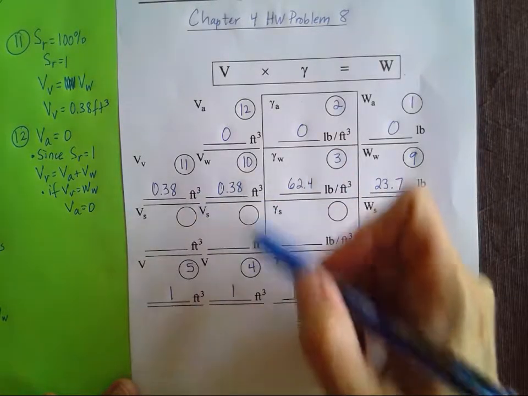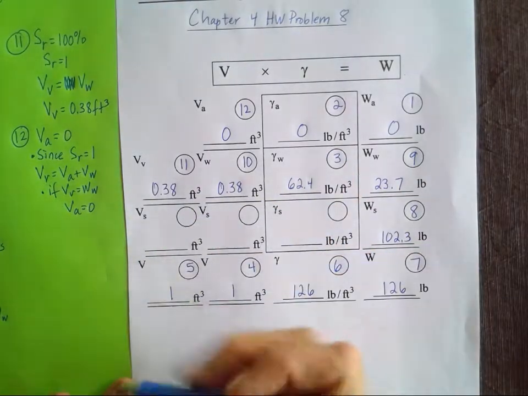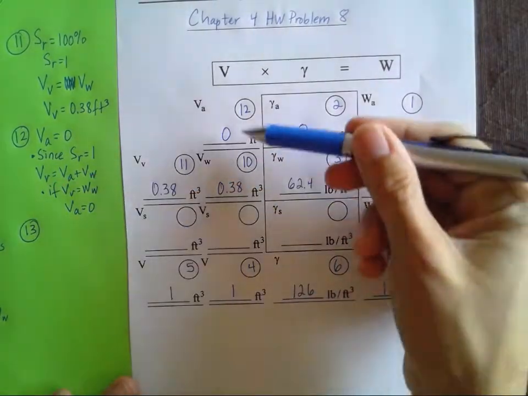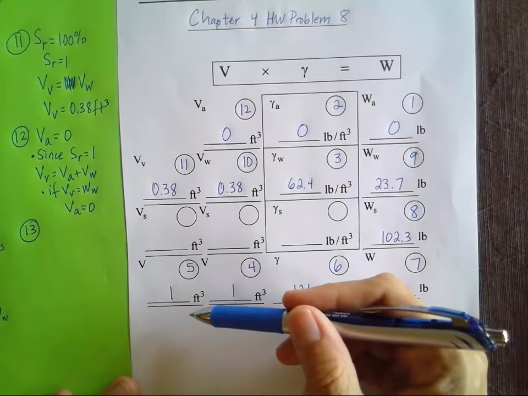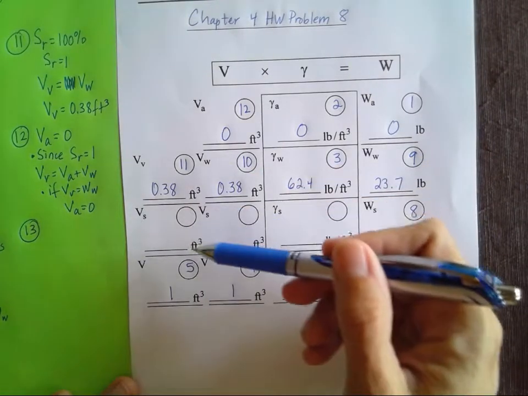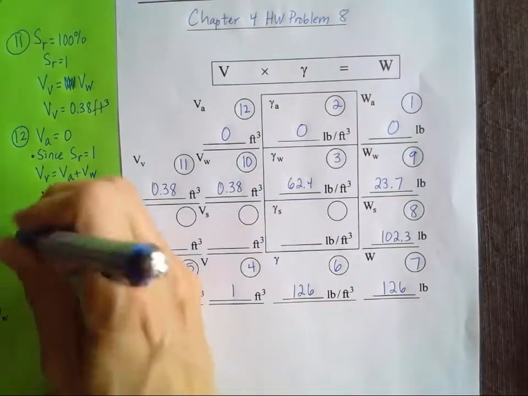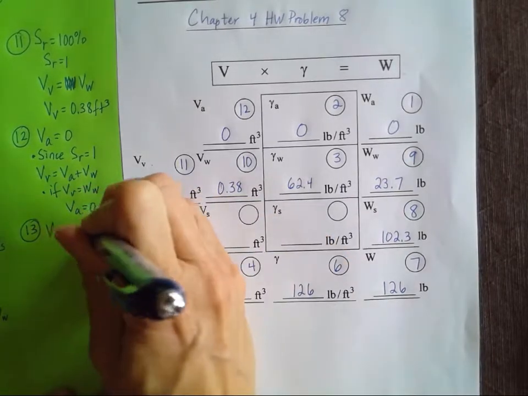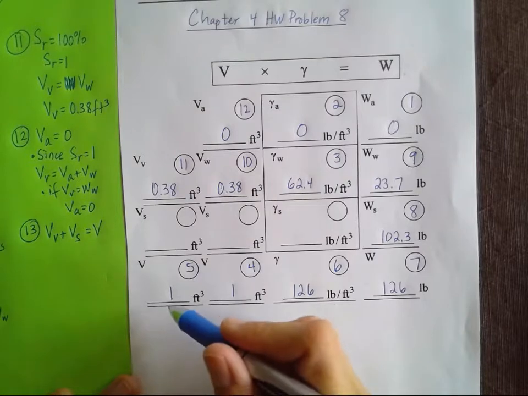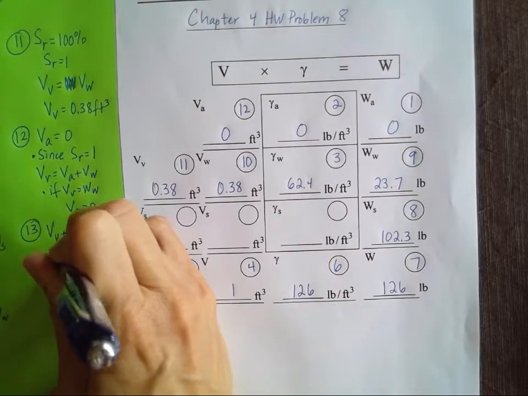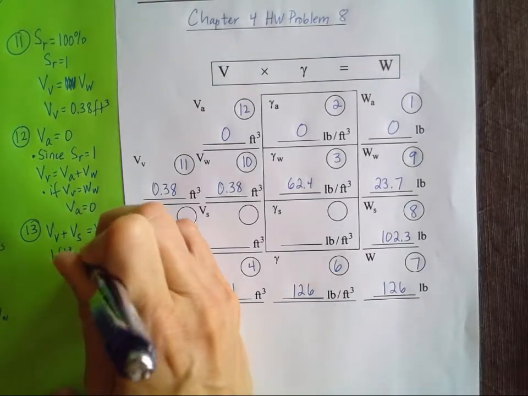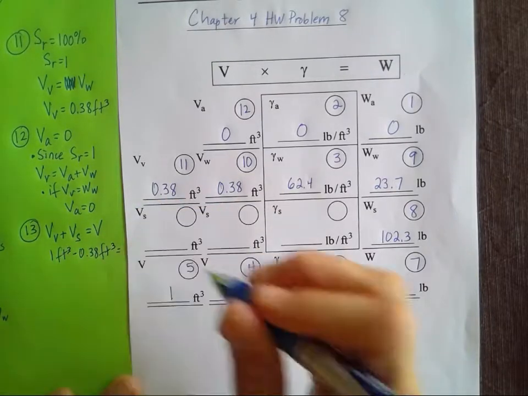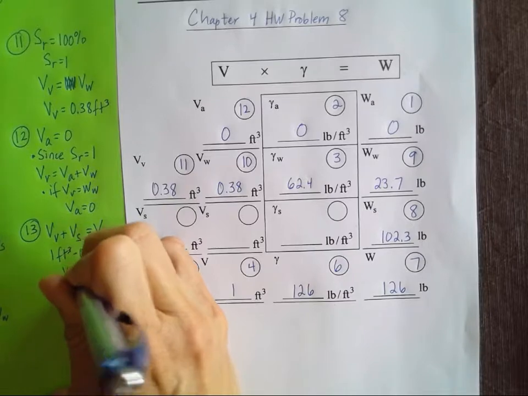All right, so once we know that, we can find this volume of the solids. Let's go ahead and do that. Just looking at our straight down math, you could either use this column or this column, same thing. This one's a little bit easier since we don't have that 0 to put in there. So I'll just say the volume of the voids plus the volume of the solids is going to equal the total volume. So I'm going to take that 1 cubic foot and I'm going to subtract the 0.38 cubic feet, and that's going to give me my volume of the solids.